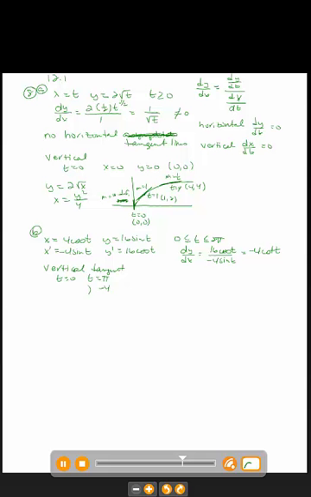Those points, if I plug them back in, t equals 0 is going to give me 4 comma 0, and I'm going to get negative 4 comma 0. And now when is the cotangent actually equal to 0 for the horizontal?